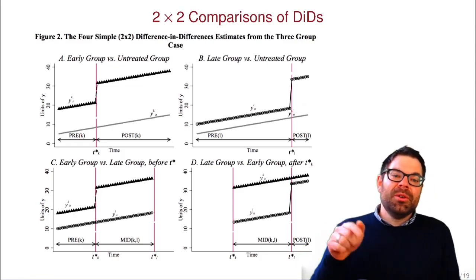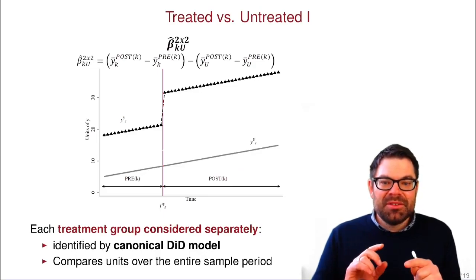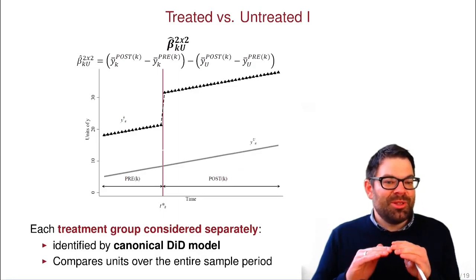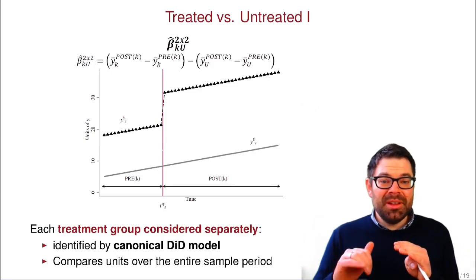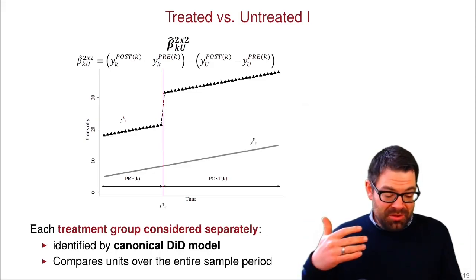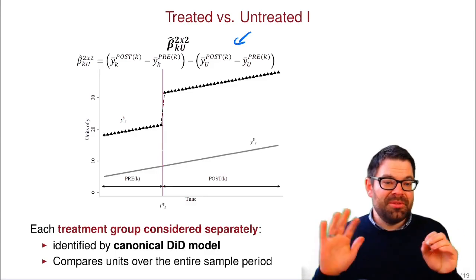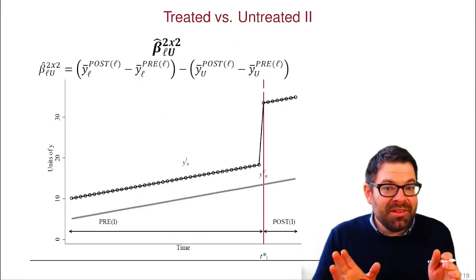So let's look at those 2x2 comparisons in turn. So the first one is one of the very intuitive ones. Okay, so it compares the non-treated to the earlier treated. And then you get the standard diff and diff, nothing special. The second one does the exact same thing, right?